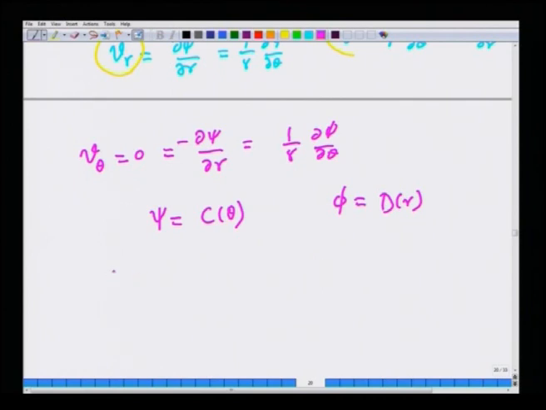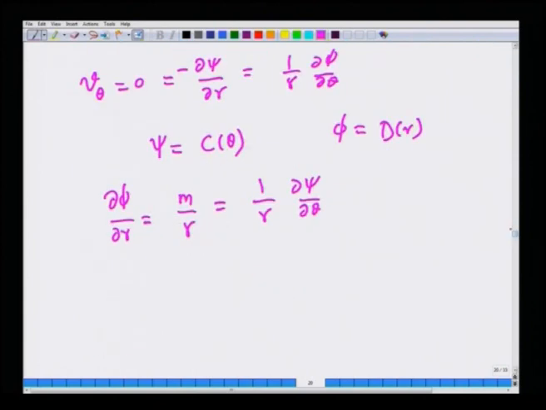Now, the other equation tells you that partial phi by partial r is m by r, and this is also equal to plus 1 over r partial psi by partial theta. This implies, if you integrate this equation partially, phi becomes m logarithm of r plus some constant c prime, which is a function only of theta, and psi becomes, if I integrate this, these two r's will cancel, you will just get m theta plus d prime, which is a function only of r.